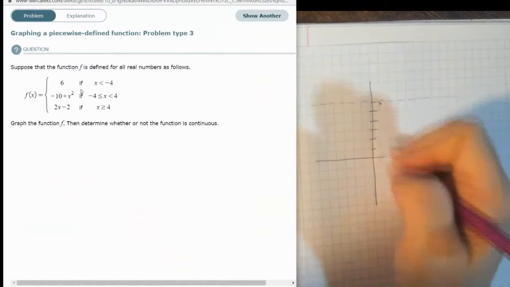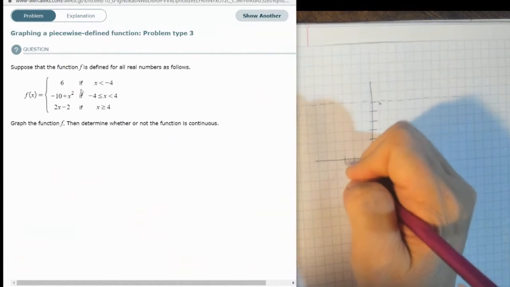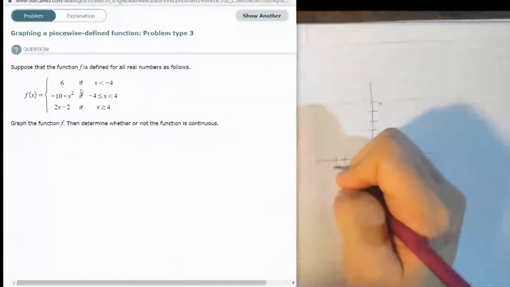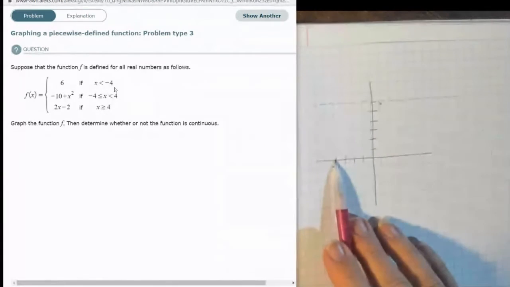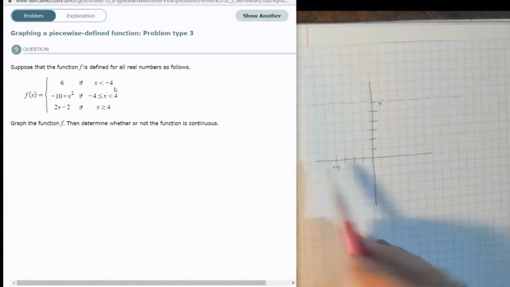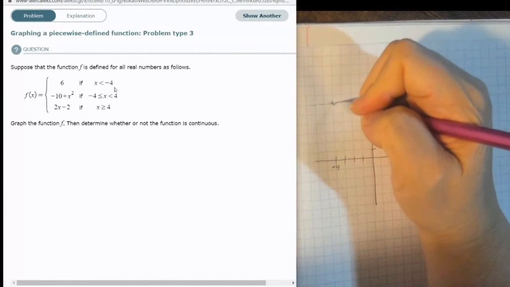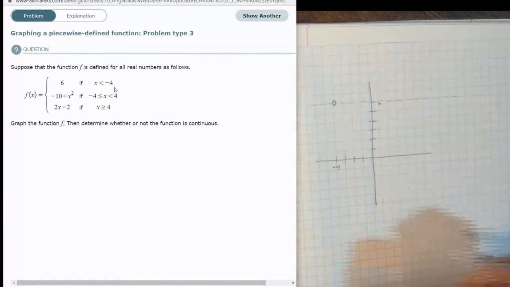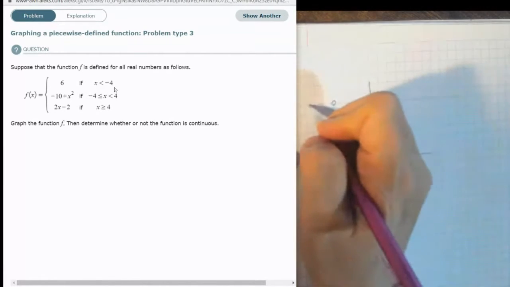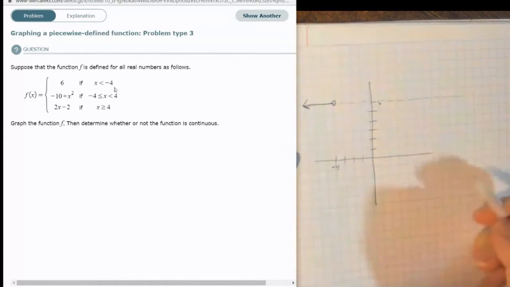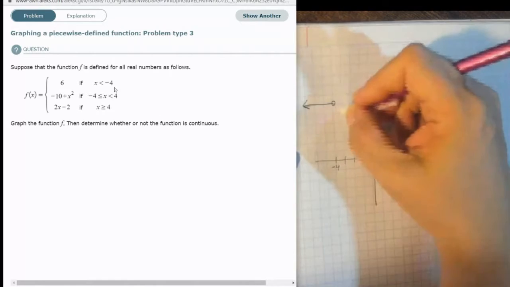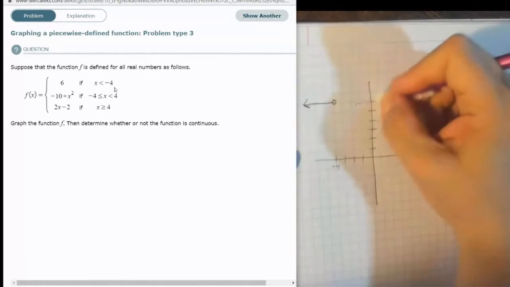But if we look at where -4 is, this says x has to be less than -4. Less than -4 is from here over. So we go up to our point, and we're not including it because it doesn't have an equal to. It just says x less than -4. Then it wants everything this way. So on Alex, you will mark that one point and erase the rest.